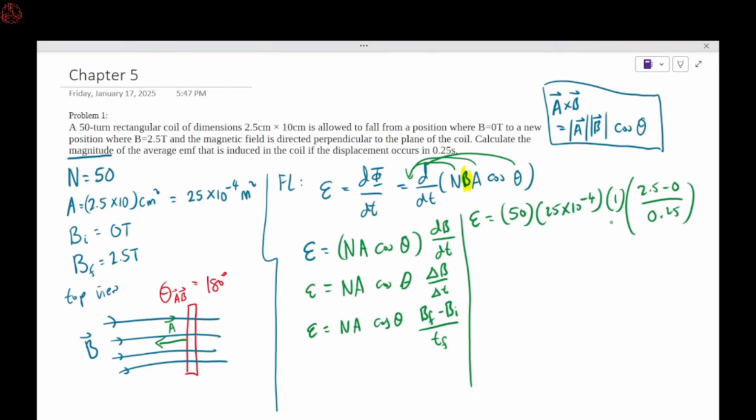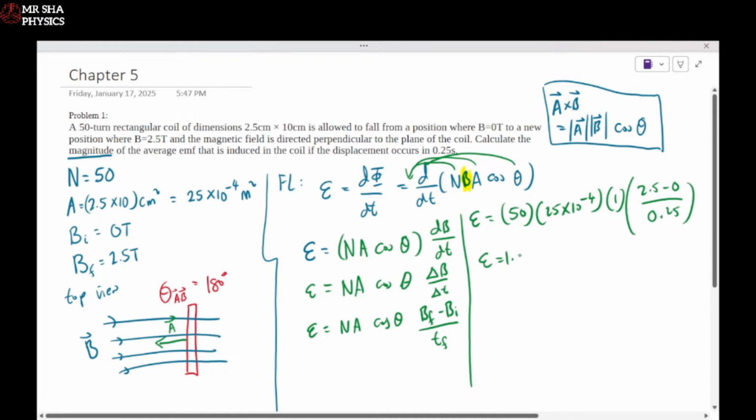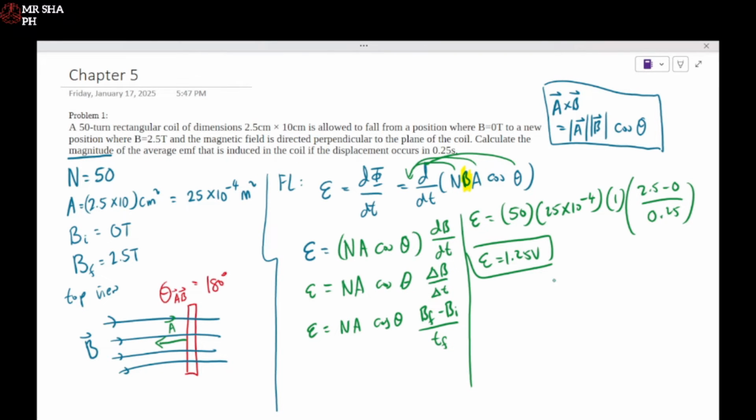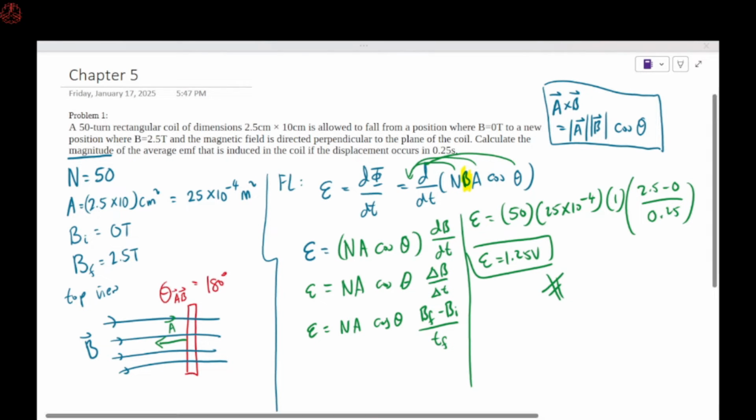If you key that into your calculator, what you will find is that the magnitude of the average EMF produced is 1.25 volts. So that is my final answer for problem 1.